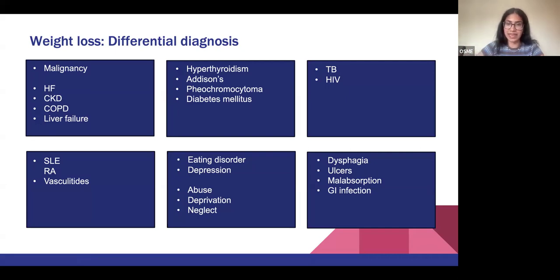Ulcers are the same, pain on swallowing will make you eat less. Malabsorption can be things like celiac, previous surgery, so gastric bypass. What else? Any of the IBDs, short bowel syndrome, and then infection. That might be it.